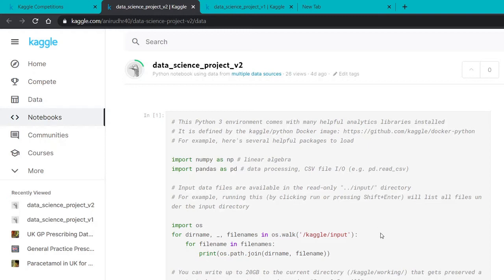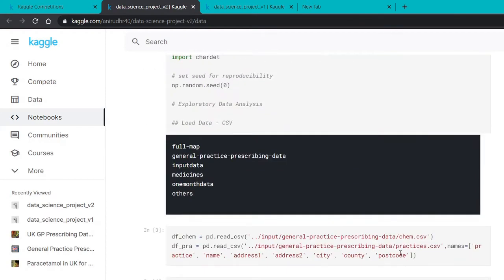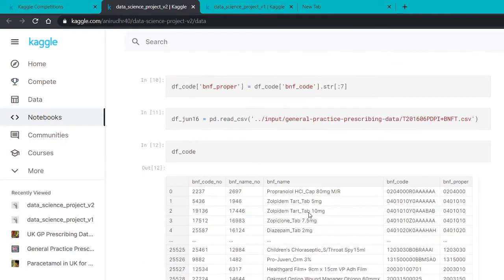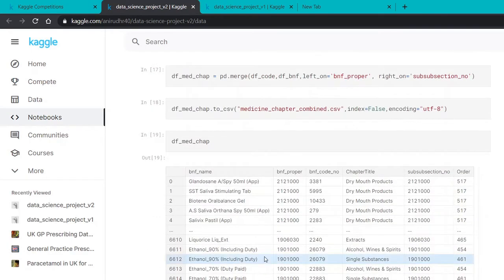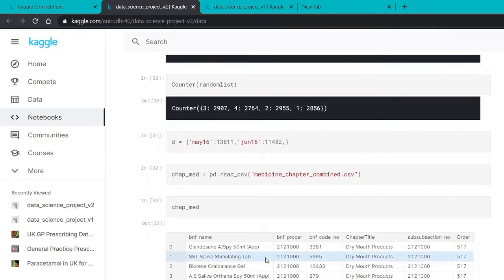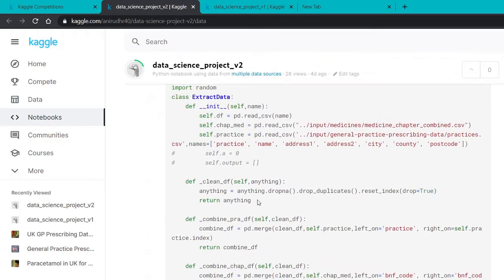Similarly, what we have done is we took up the medicine topical corticosteroids in the county London. We watched the progress of the sales of the medicine over the year, which is weekly data. This is how we have extracted the data. This is the code for the processing that we have done until now. Here it is.